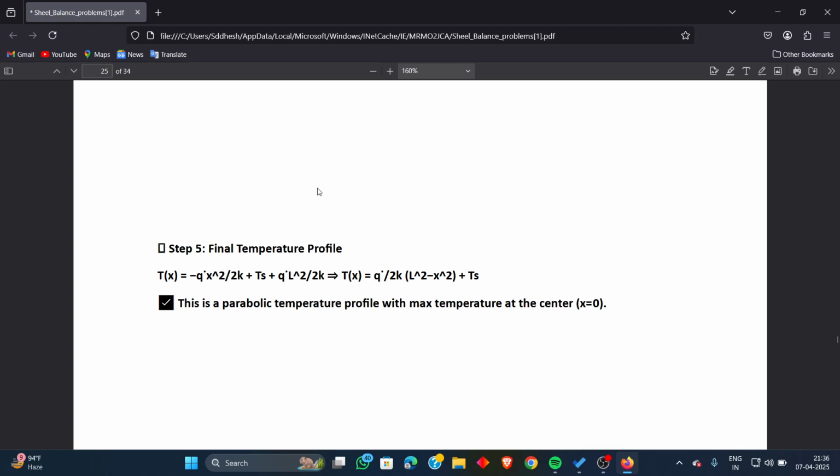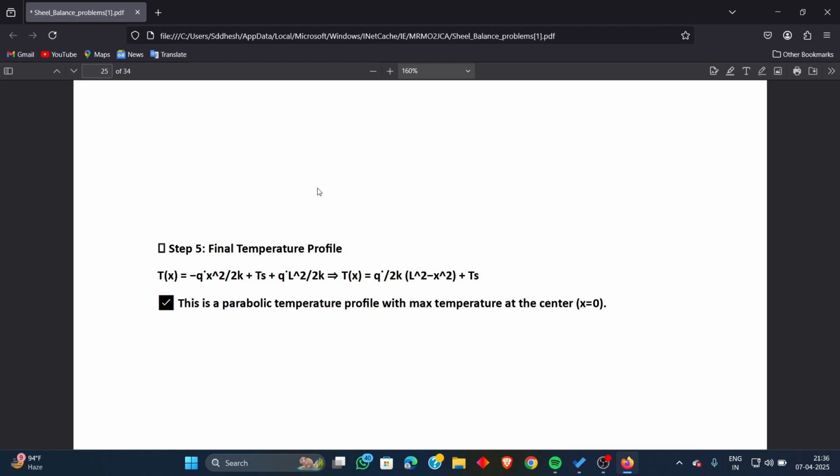Step 5, final temperature profile. T(x) = -Q̇x²/2k + Ts + Q̇L²/2k, so T(x) = Q̇/2k (L² - x²) + Ts.